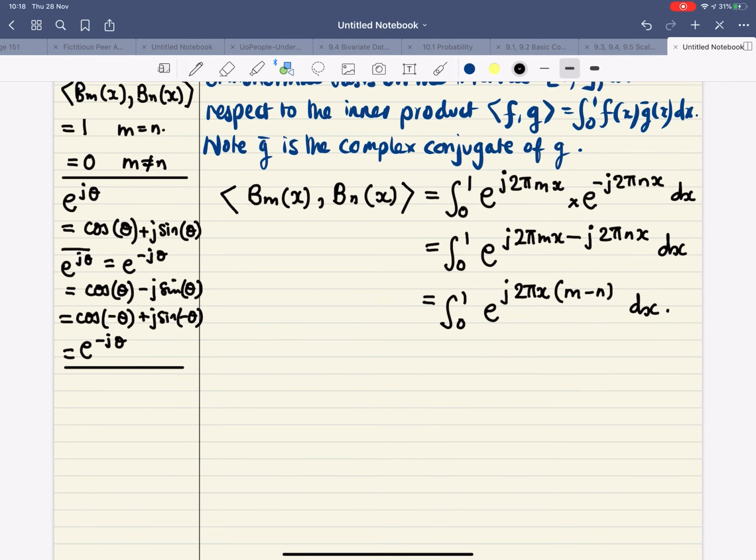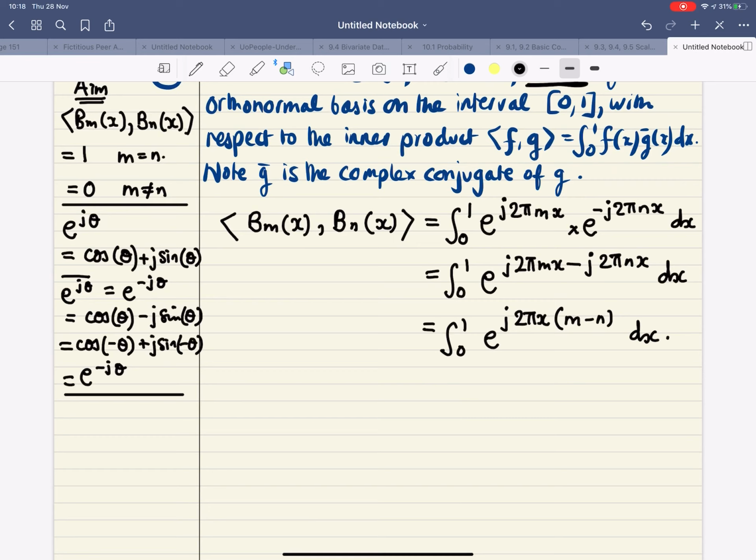Right, so now we're going to look at our two cases. We've got the case where we need to think about what happens when m is n, and we need to make sure it's equal to 1. And then when m is not equal to n, and make sure that it's equal to 0. So let's do case 1: m equals n, which is matching up here.